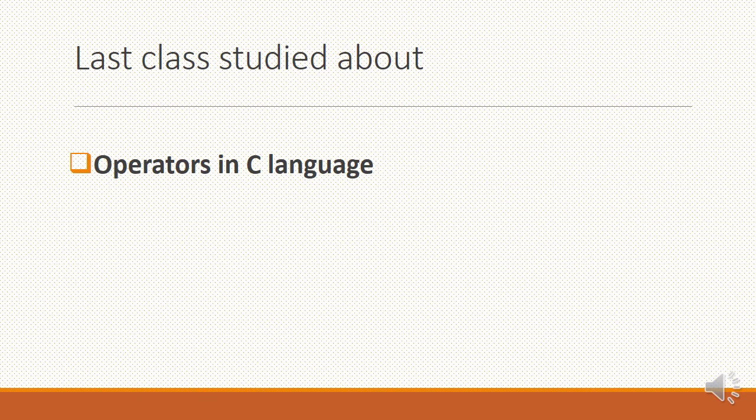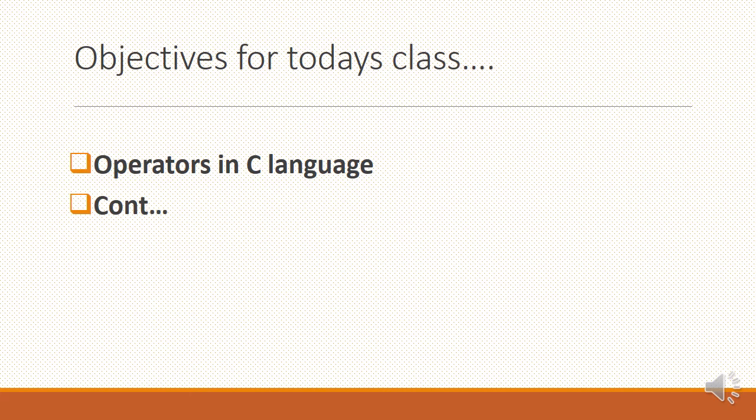Let us begin with what we studied in the last class. We studied the definition of the operator and the types of operators available, and in detail we studied the arithmetic operators.